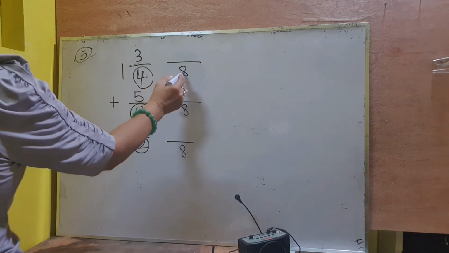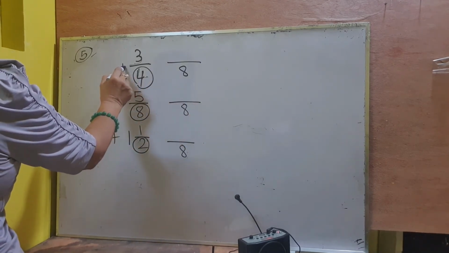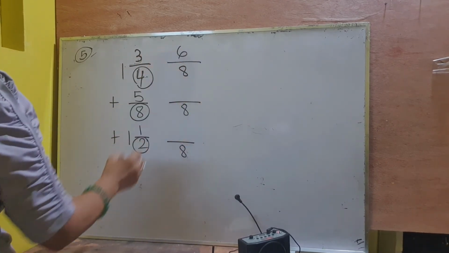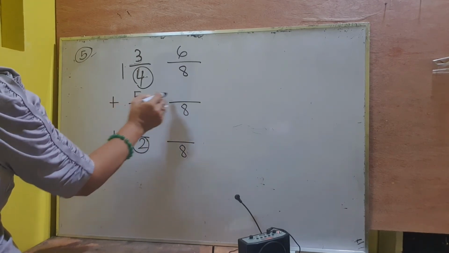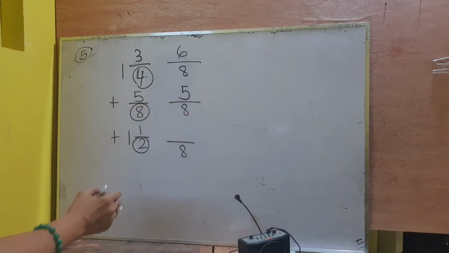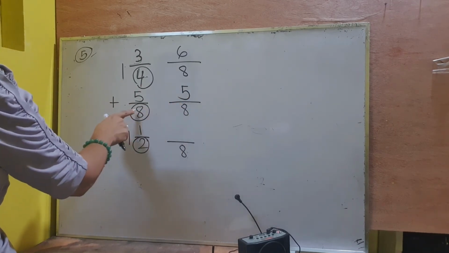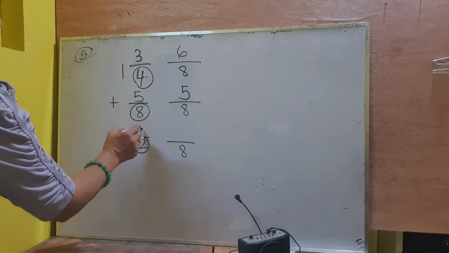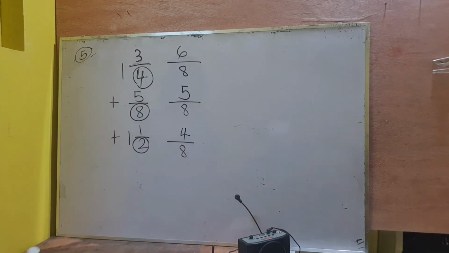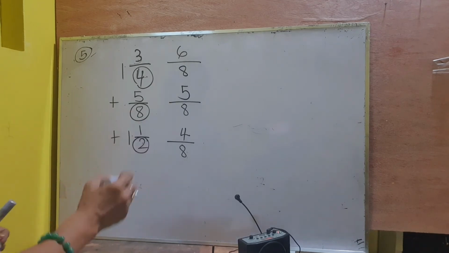Okay, so 8 divided by 4 is 2 times 3 ay 6. 8 divided by 8 is 1 times 5 is 5. 8 divided by 2 is 4 times 1 is 4. Okay, so yan.